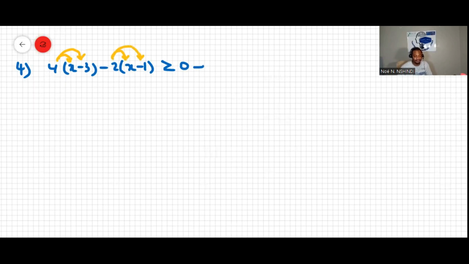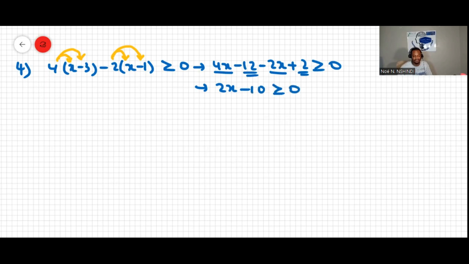Now this will make 4x minus 12 minus 2x plus 2 greater or equal to 0. Okay, so 4x minus 2x makes 2x, and negative 12 plus 2 makes negative 10 greater or equal to 0.